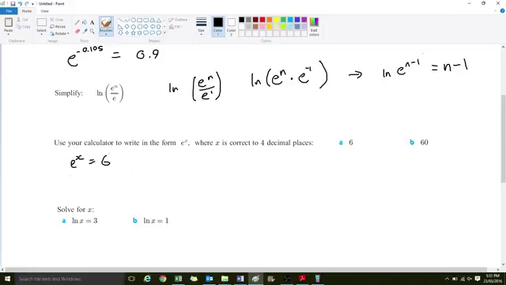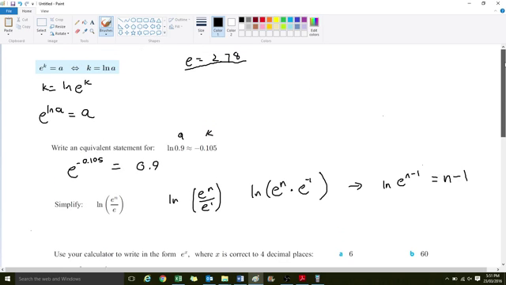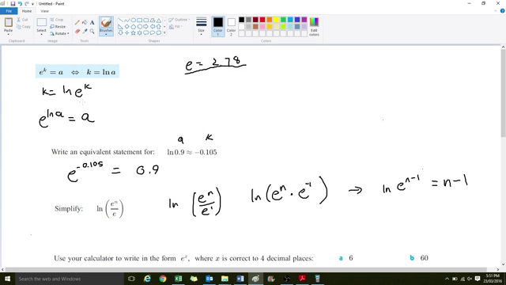We remember from before that ln e to the power of k is just equal to k.